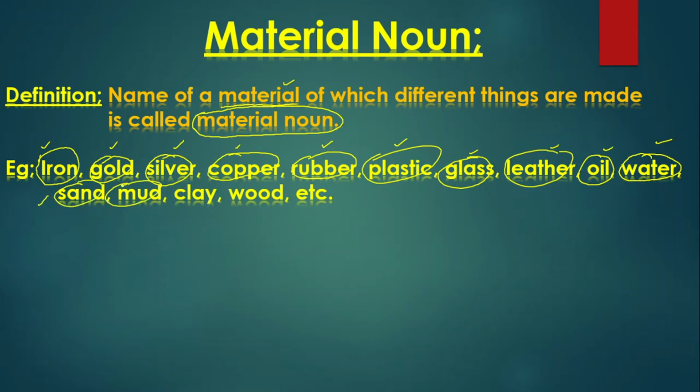Mud, by which the old buildings in the past were made. And in the same way, clay, by clay we make different pots. In the past, and still now, they are made for cooking, and for making the water cold. That is the material by which different things are made.